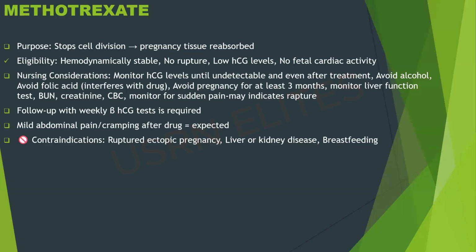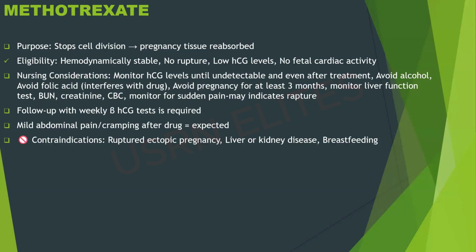Please, how long do we take the medication? For the medication, if you are taking methotrexate, know that our main goal is to do what? Reduce HCG, clear off the pregnancy. Okay.